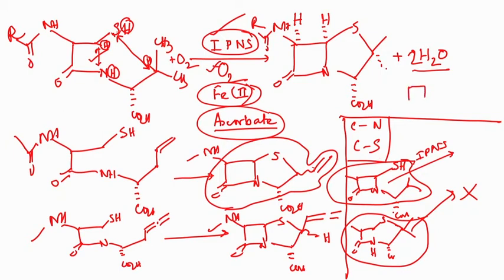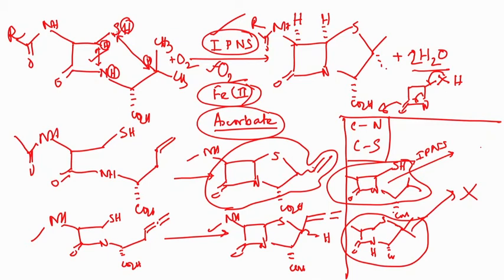Because you have a beta-lactam, and you cannot have a beta-lactam where there is an XH here, because immediately the ring opening reaction will happen. So this thiol nobody could make. That means nobody could demonstrate directly that the carbon nitrogen bond is formed first.